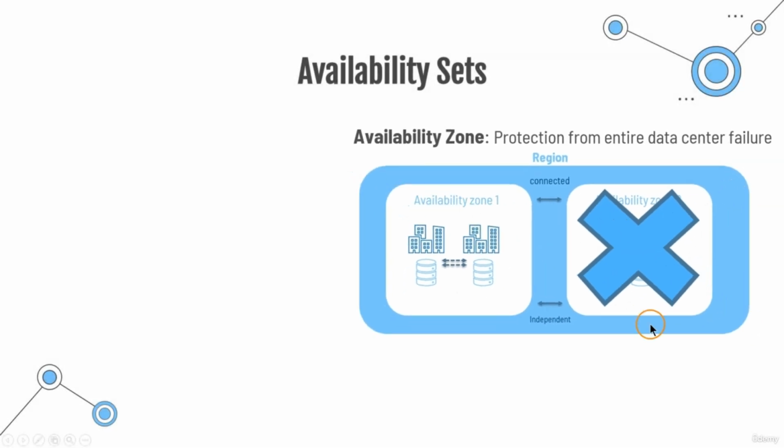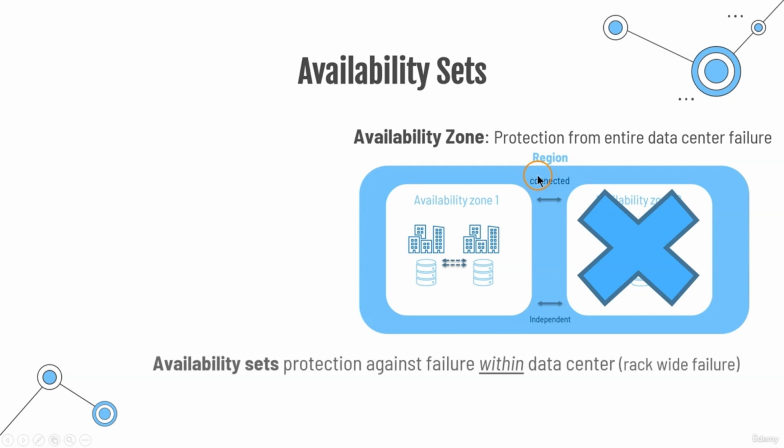So if one entire data center in a given availability zone is going down, we make sure we still have another availability zone with at least one data center so that not the entire region is going down. And now the availability sets protect against failure within a given data center, for example, a rack-wide failure. And this is achieved by grouping the virtual machines into these availability sets.